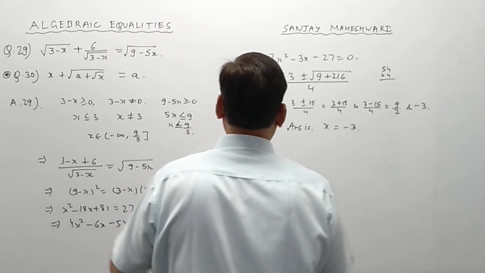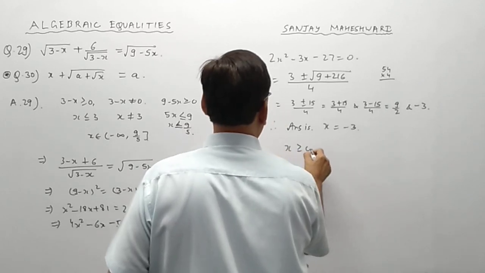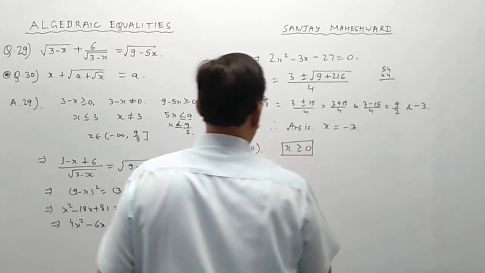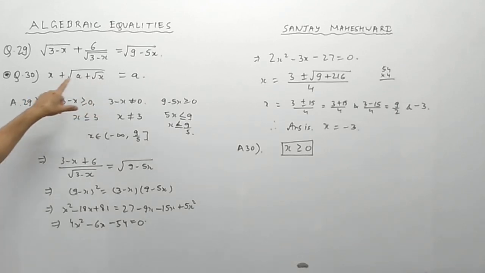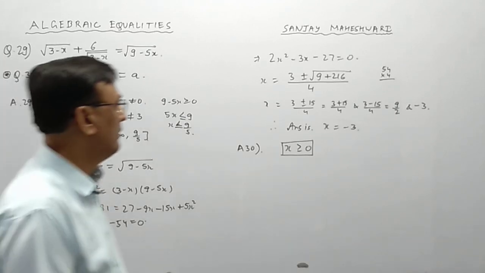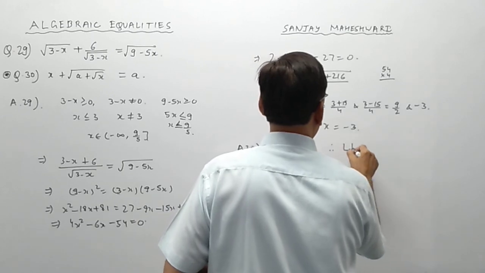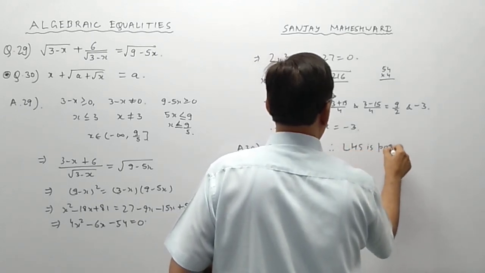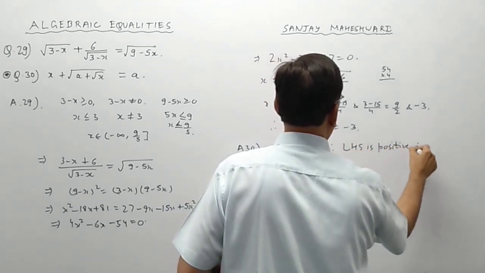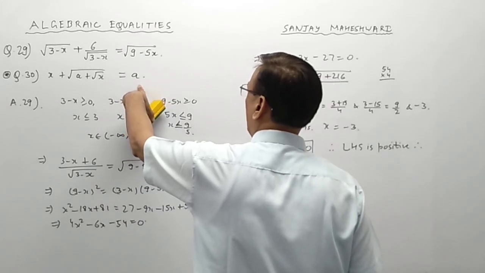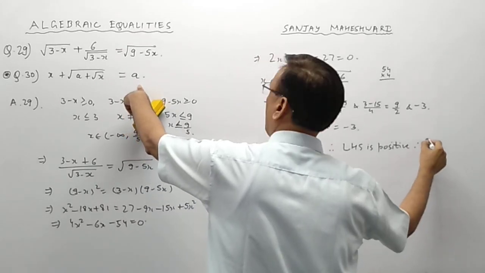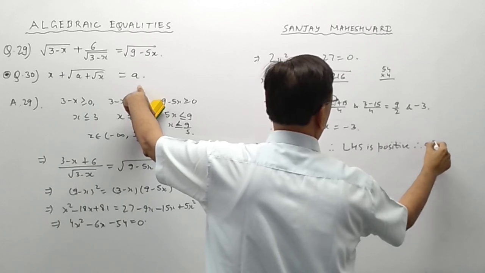Here you can see that the first condition is x should be greater than or equal to 0 because it is an expression under an even root. So this is positive and this is also positive. Therefore LHS is positive. Therefore accordingly, a should be either 0 or greater than 0.